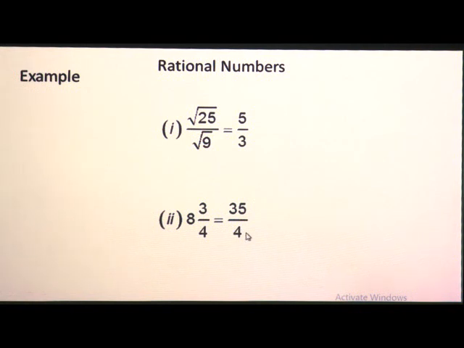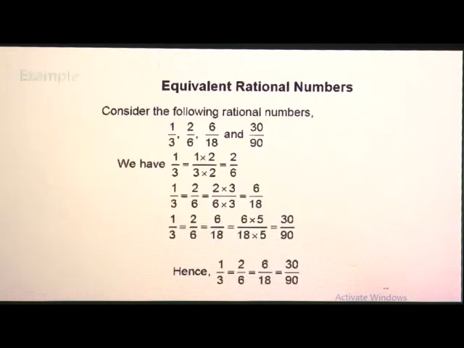Q should not be 0, it should be any number in the denominator. So, we can say these are the rational numbers. A mixed fraction is also a rational number because we convert the mixed fraction into an improper fraction, which is in the form of P upon Q. So, we can say it is a rational number.